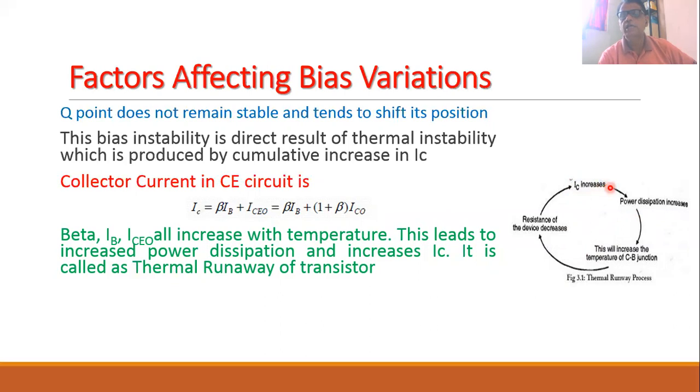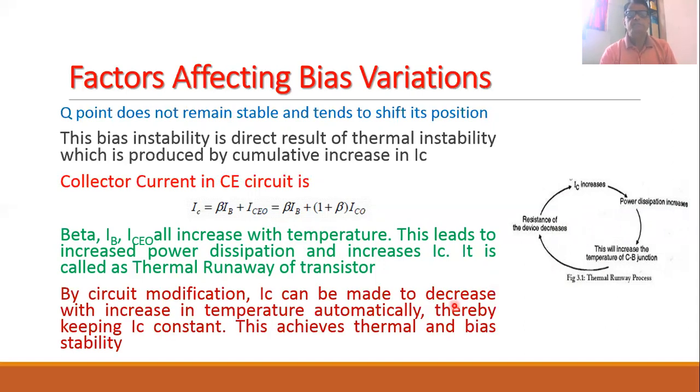When IC increases, then again the power dissipation increases. So this cycle continuously goes on, and because of this, the transistor will get heated, and when the transistor gets heated, its effect will be on the variation in the bias values or on the position of the Q point of the transistor.